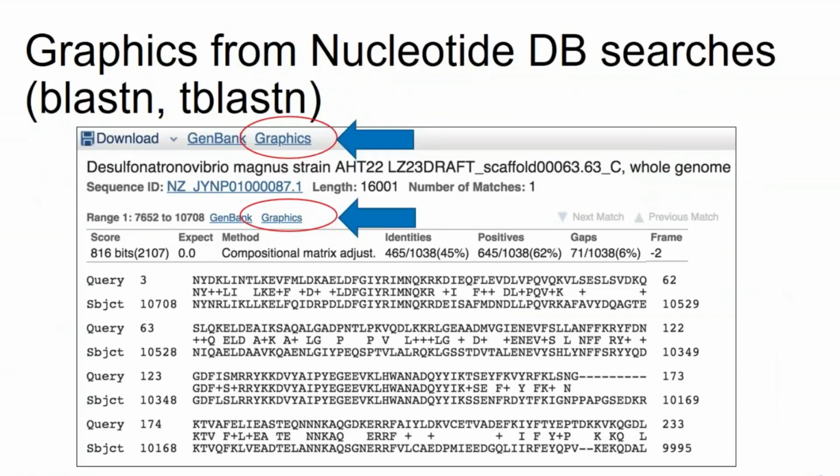Okay, so if we're doing a nucleotide search, this is a fairly straightforward thing to do. By nucleotide searches, I mean the database you're searching is nucleotide. Because what we're doing is looking down in the alignment section.